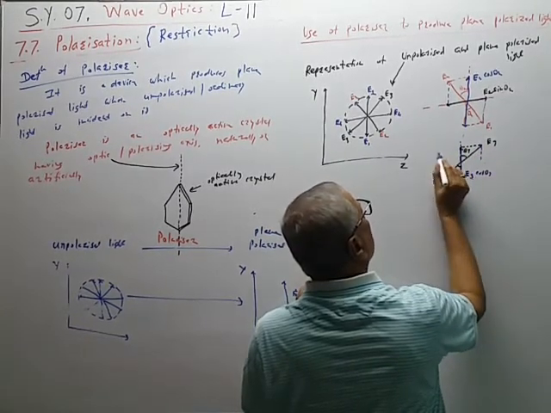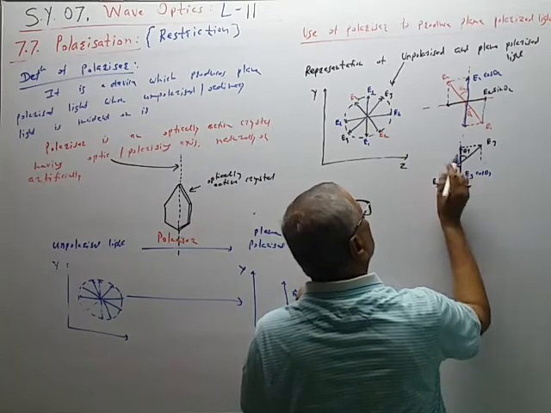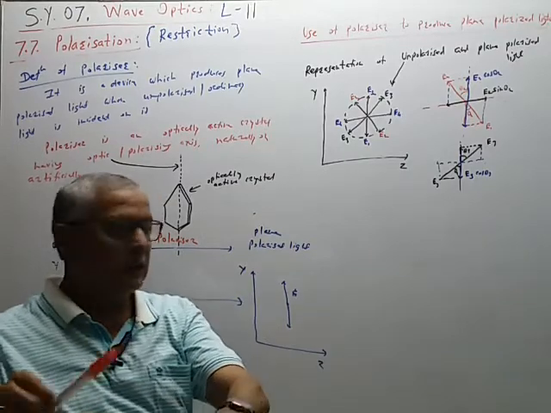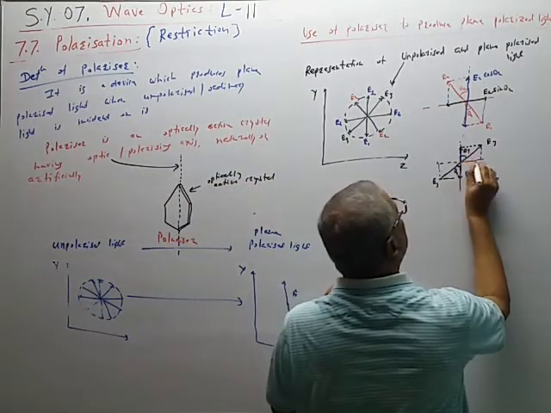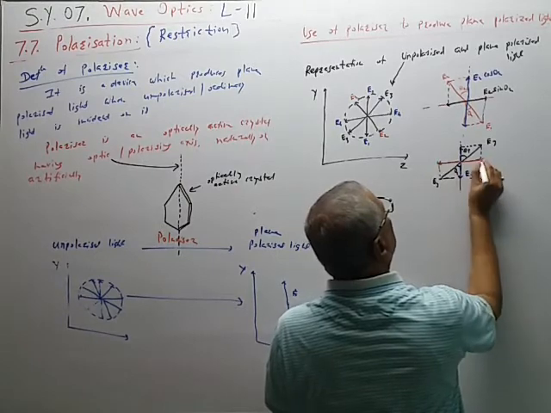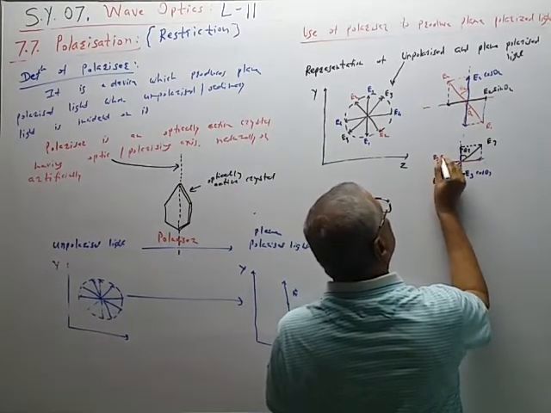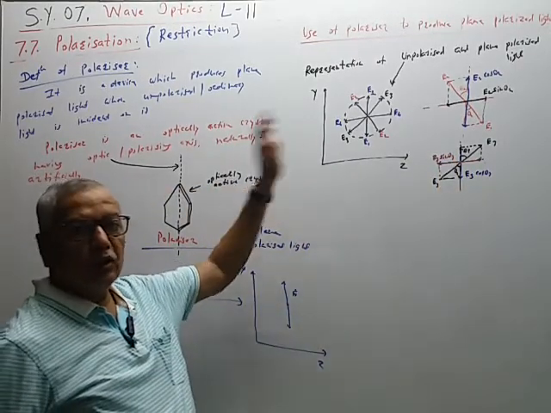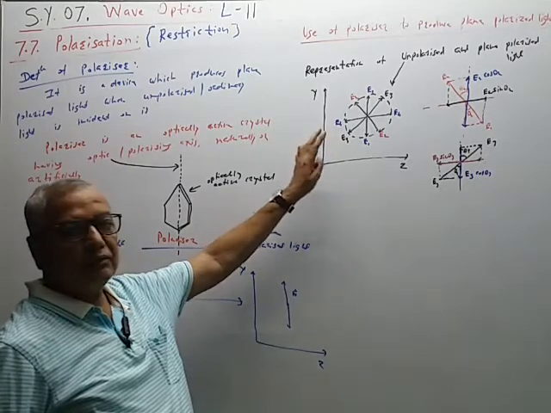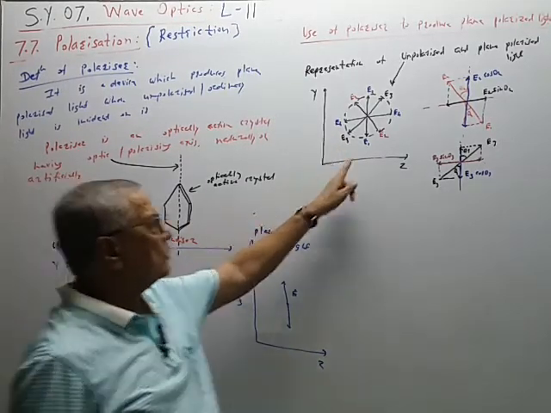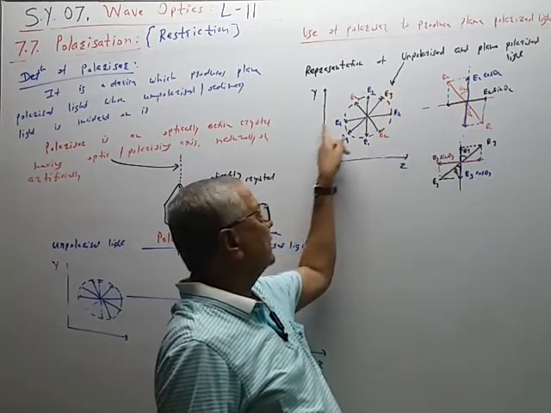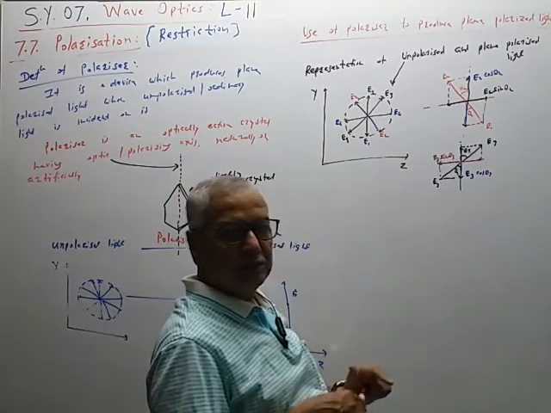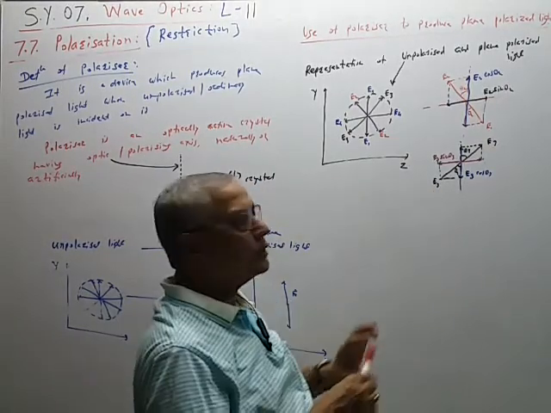Draw a perpendicular. So this is E3 sin theta 3. In this way, if you resolve each and every electric field vector, it has one component parallel to E1 and another component parallel to E4. This component E4 is along the z-axis, so it is perpendicular to the plane of the figure.